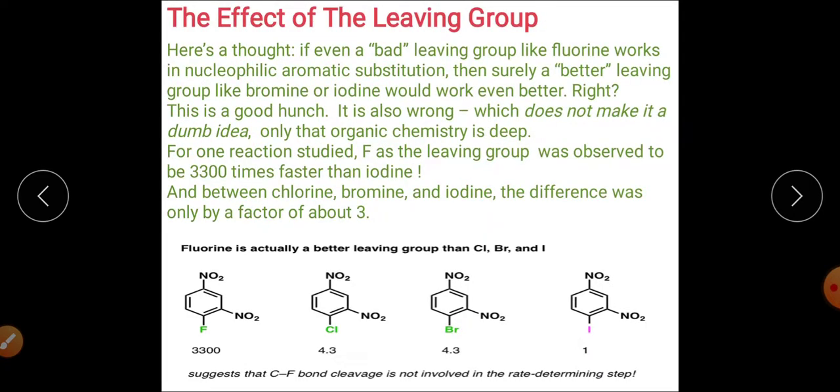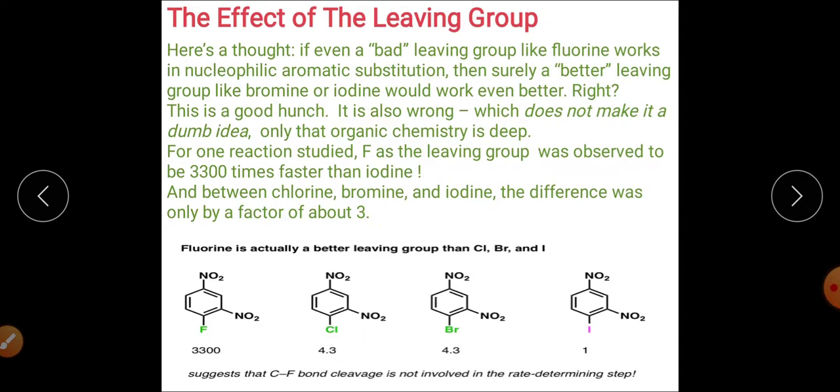The second point which we should be clear in our mind is the effect of leaving group. When we talk about the effect of leaving group, just go to the first lecture in which I was telling you about fluorine, chlorine, bromine and iodine.